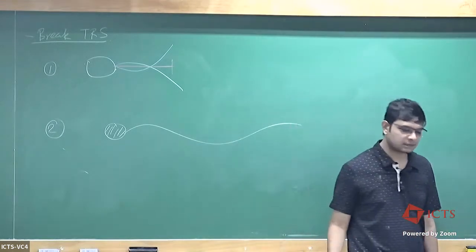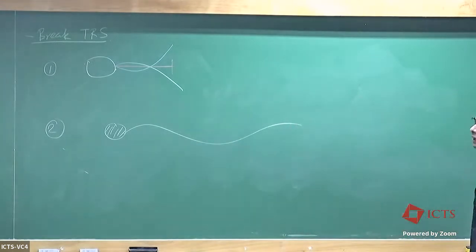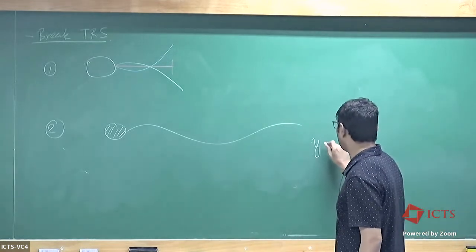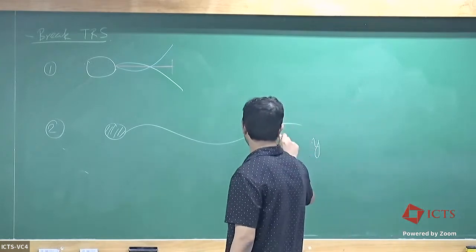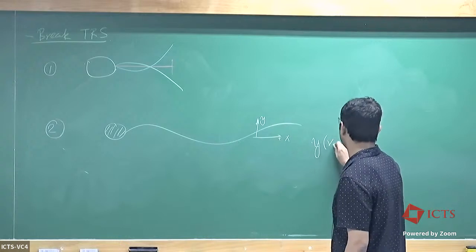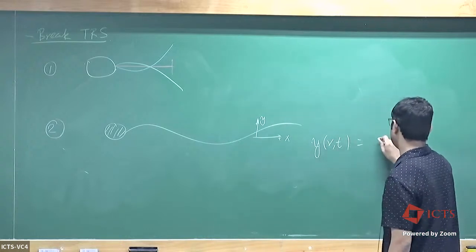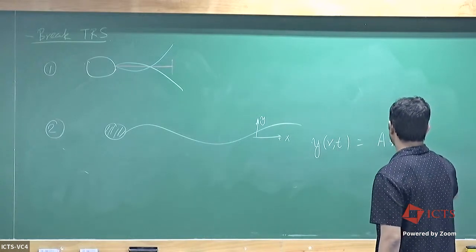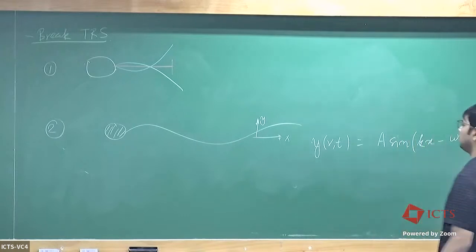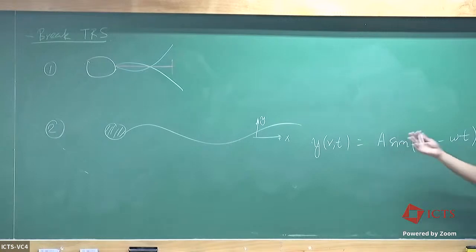But why does propagation of a wave allow it to swim? What's the basic argument? Say this is X, say this is Y, and suppose I tell you this: there is a traveling wave that's propagating.